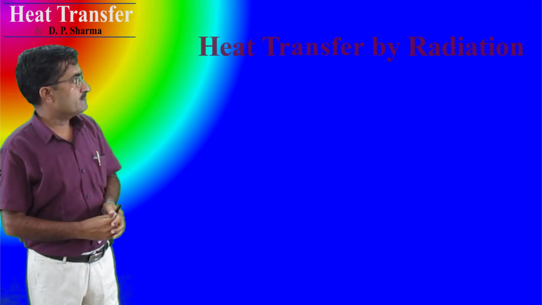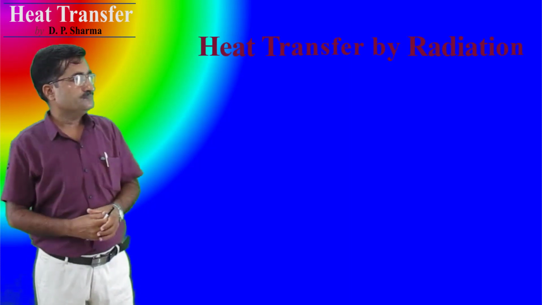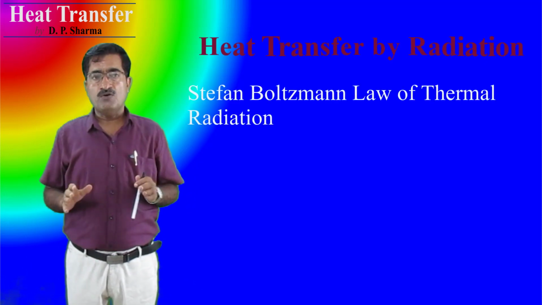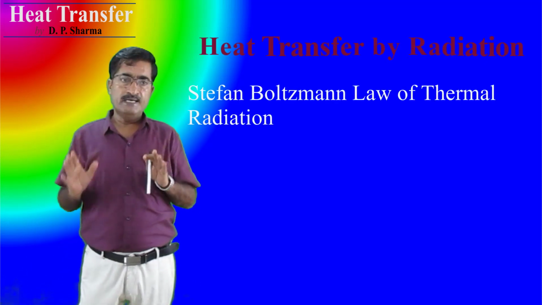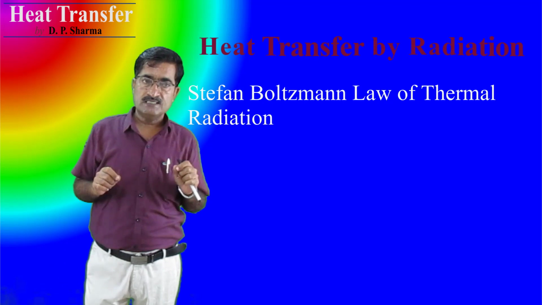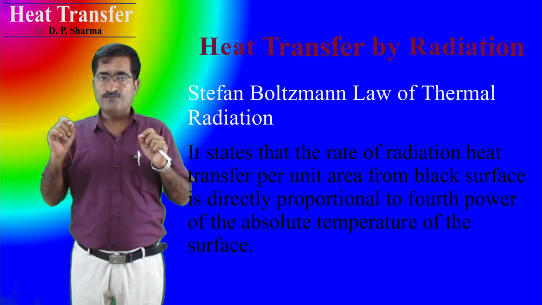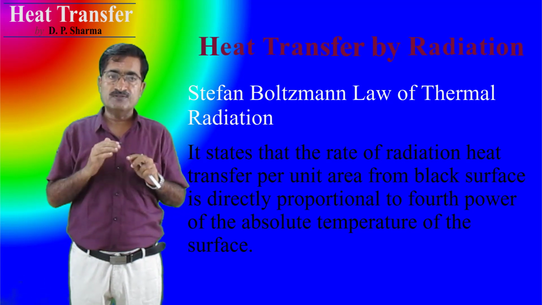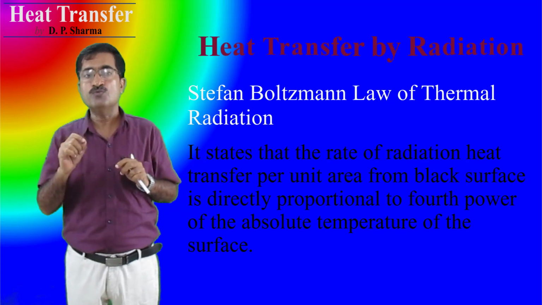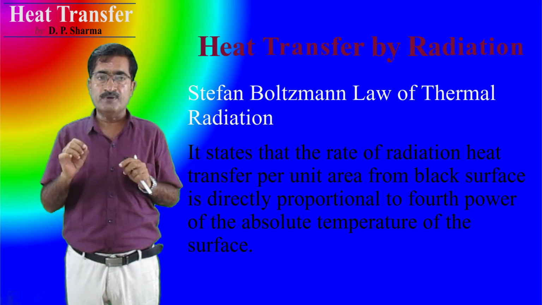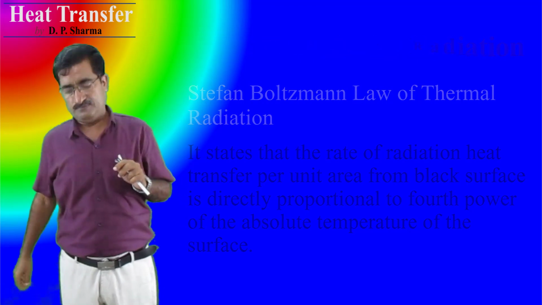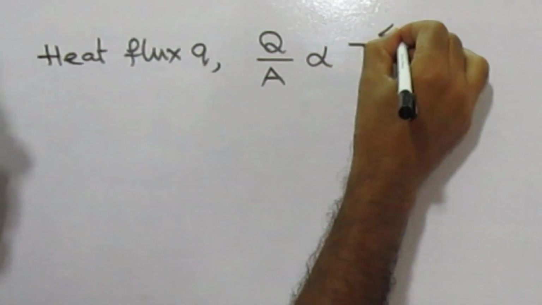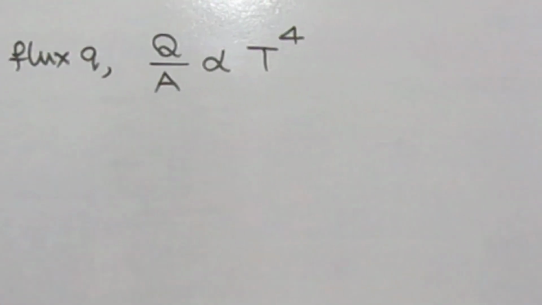Next, the heat transfer by radiation. Now, the Stefan-Boltzmann law of thermal radiation states that the rate of radiation heat transfer per unit area from a black surface is directly proportional to the fourth power of absolute temperature of the surface, proportional to T power 4.